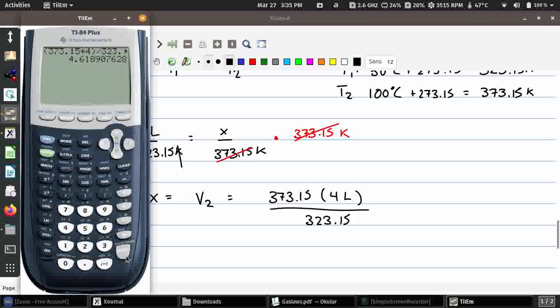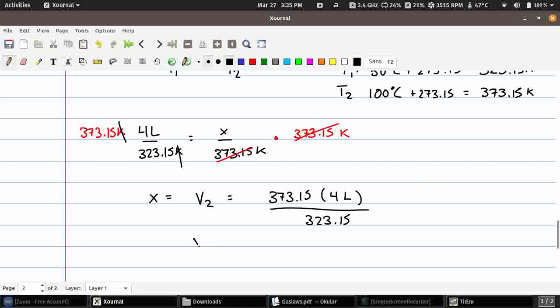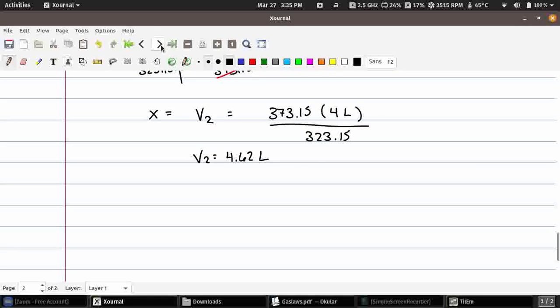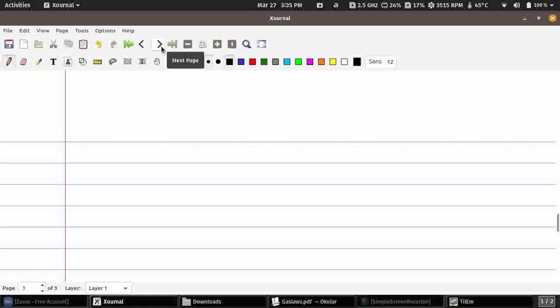And then that means X is going to be equal to a volume of 4.62 liters. So V2 equals 4.62 liters. So as you see, the temperature went up a little bit. Volume also went up.